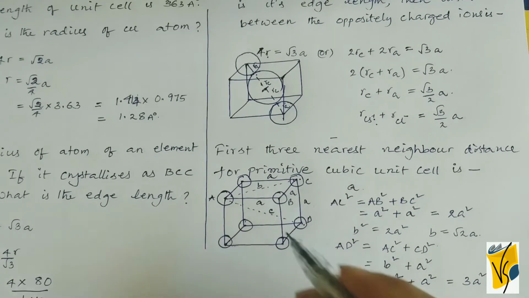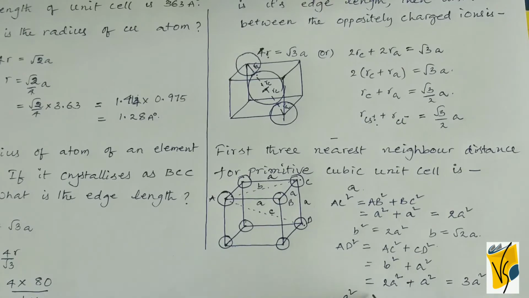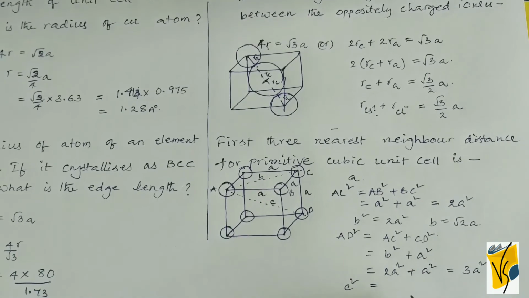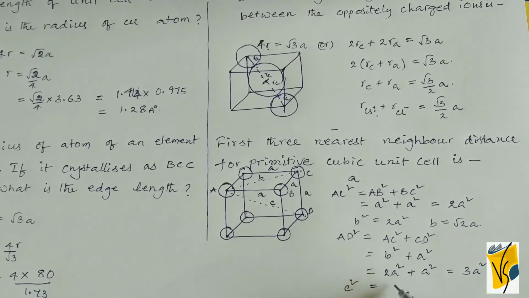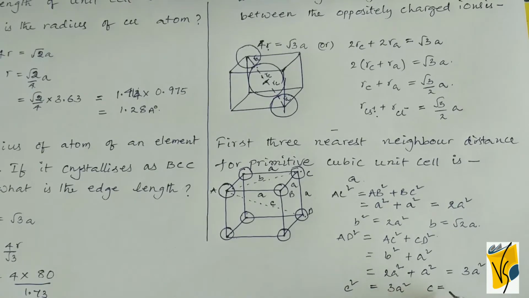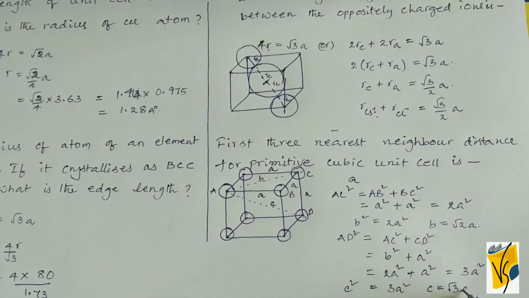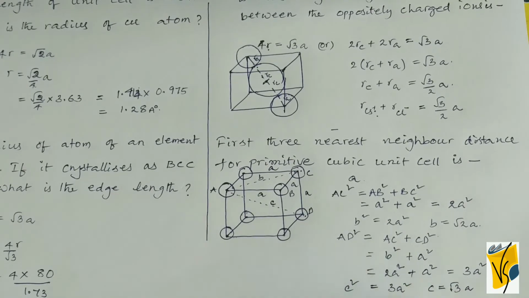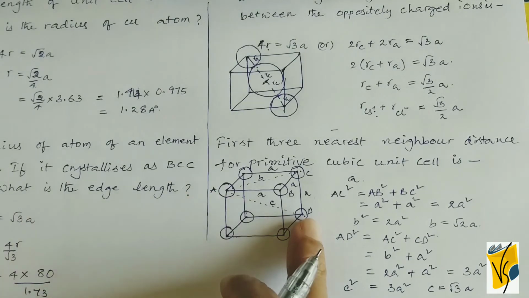Okay, C square is equal to 3A square. Therefore C is equal to root 3A, right? So C is the body diagonal length.